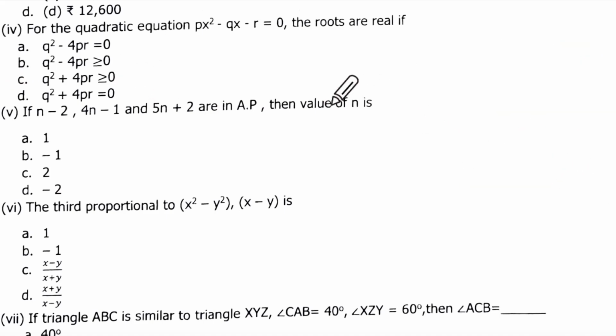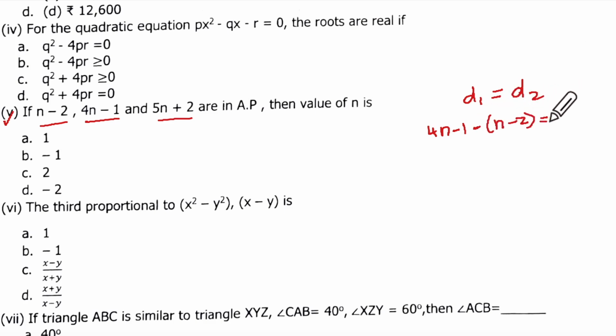Some of you even got confused for the fifth one. n minus 2, 4n minus 1, and 5n plus 2, they are in AP. The value of n will be found by d1 equal to d2, the common difference. So it will become 4n minus 1 minus bracket n minus 2 is equal to d2, which means 5n plus 2 minus this will be subtracted.